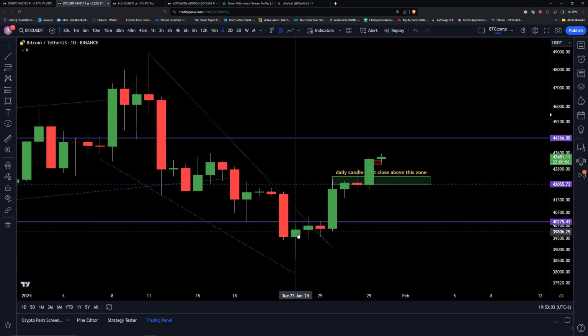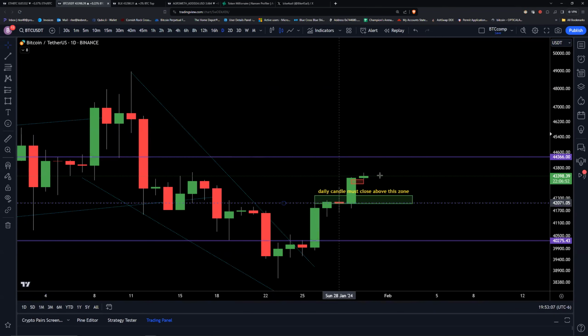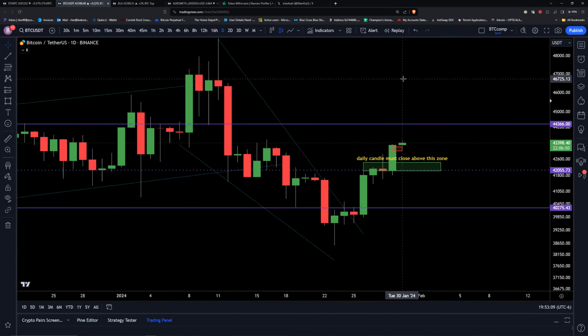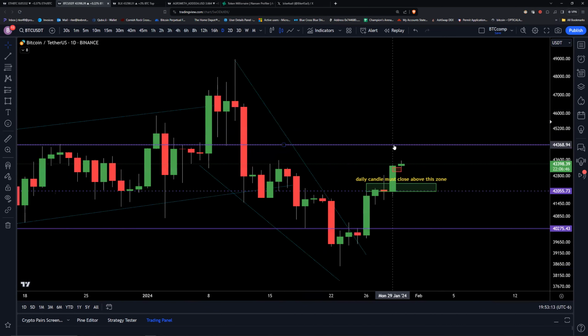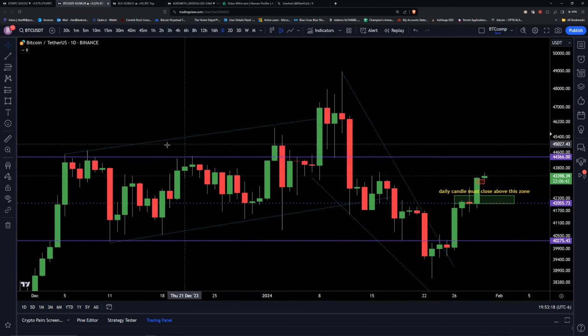I can't remember where it broke out of this descending wedge. So a lot of things came together here for bullish action that it was pretty obvious. But in order to get extremely bullish, we would have to at least see a daily close above this purple line here. I think that's the right one. I haven't really adjusted these lines any.